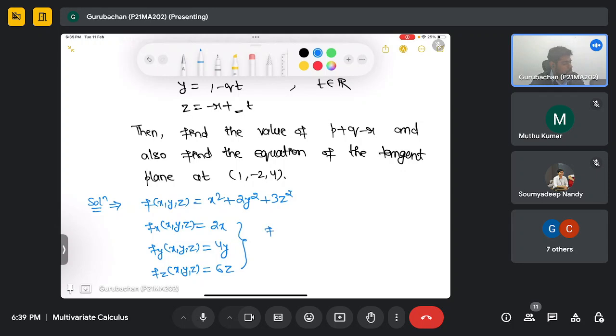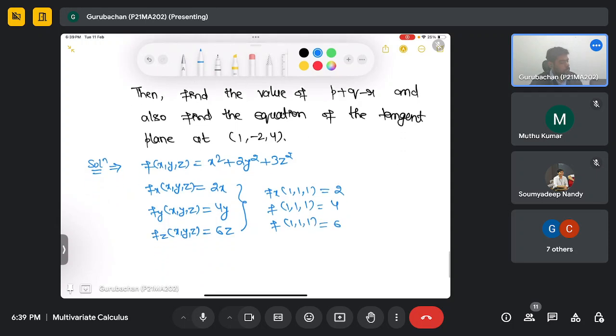So at (1, 1, 1) it will give us 2, it will be 4, it will be 6.